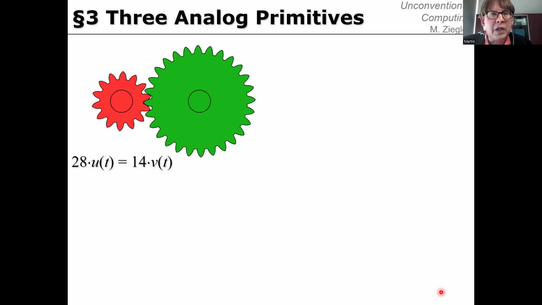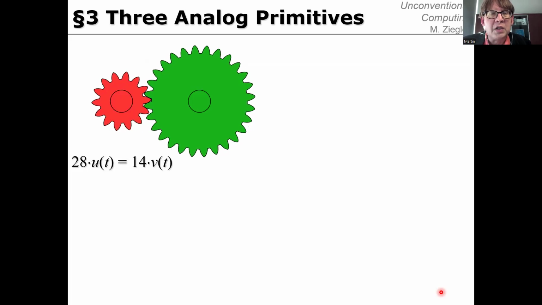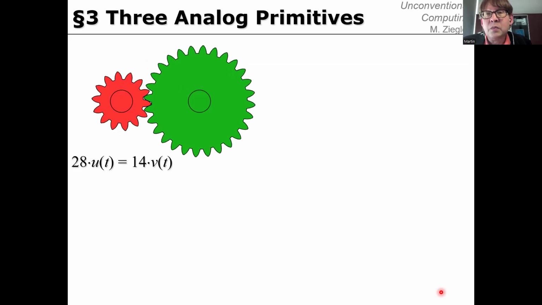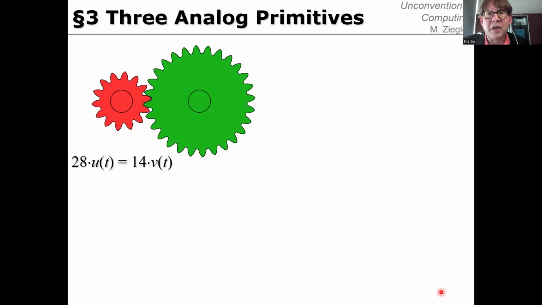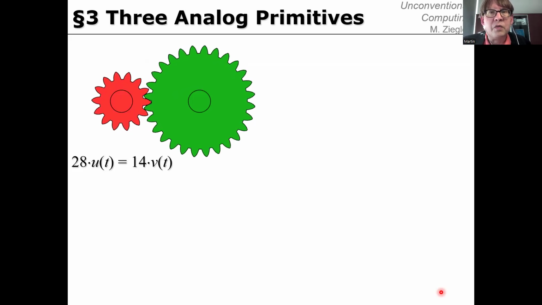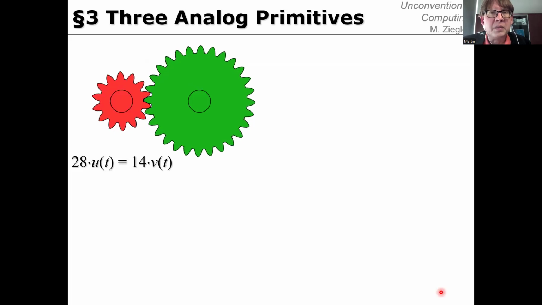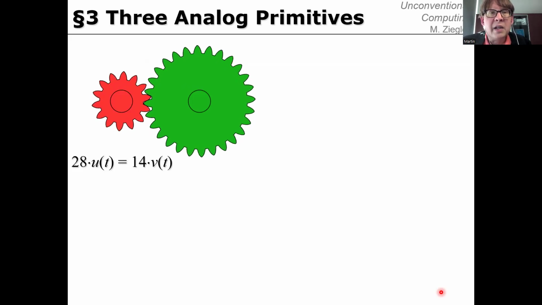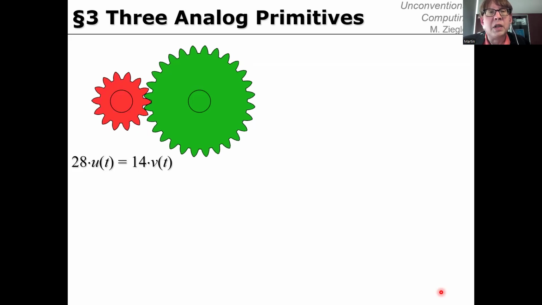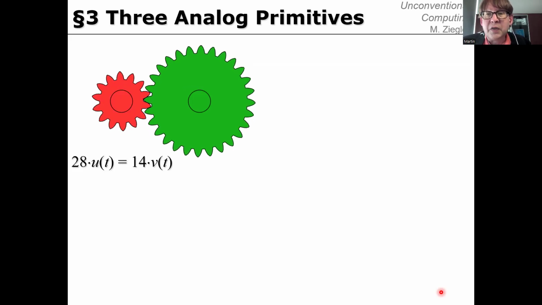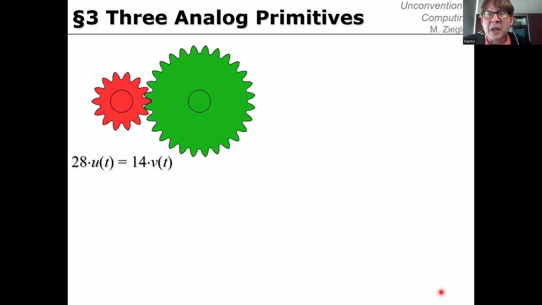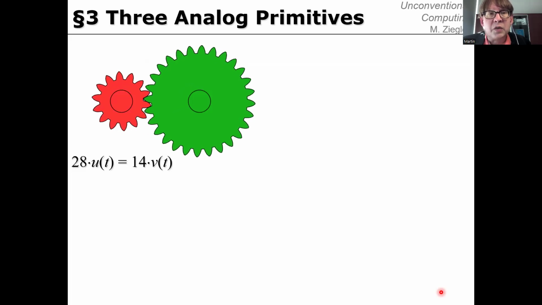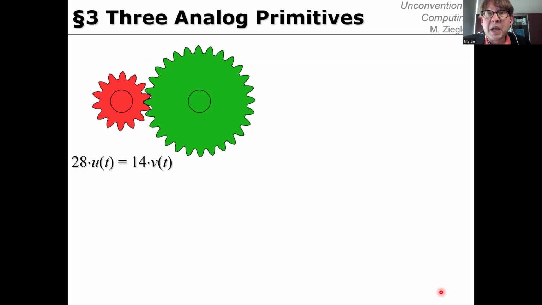creates 2 rotations, twice as many rotations, of the red rod. Or vice versa, if the red rod is the one driving, then the green one follows at half the angle and at half the angular velocity. And by choosing different numbers of teeth on the 2 gear wheels, one can thus create any kind of scaling.